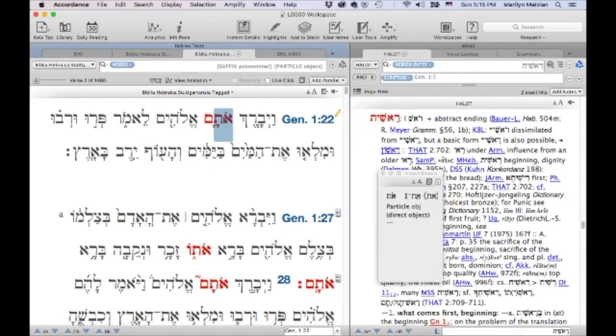The definite direct object marker plus the third masculine plural suffix. You do not translate the definite direct object marker. You just translate the pronoun. So he blessed them. And you kind of, in your translation, ignore the definite direct object marker.